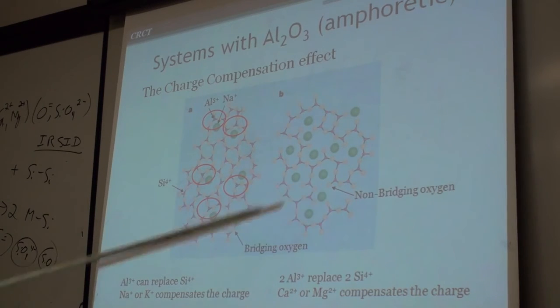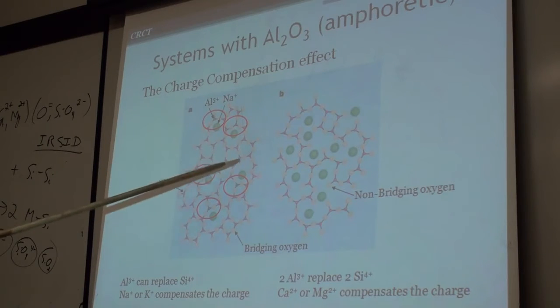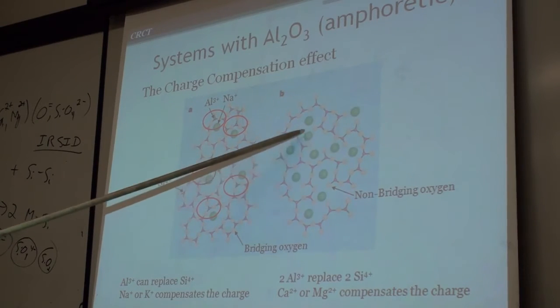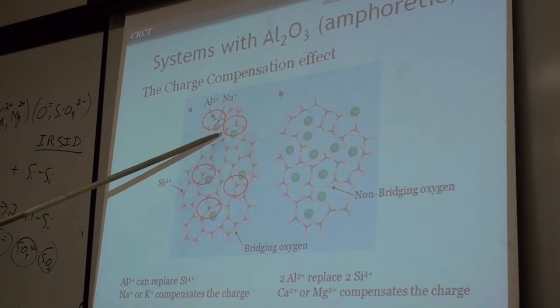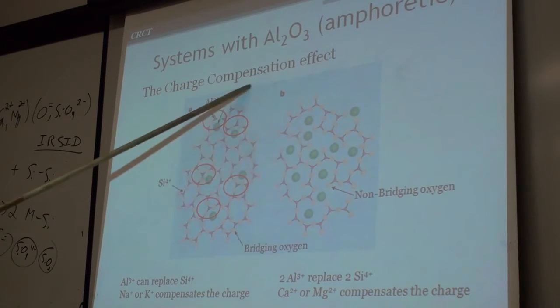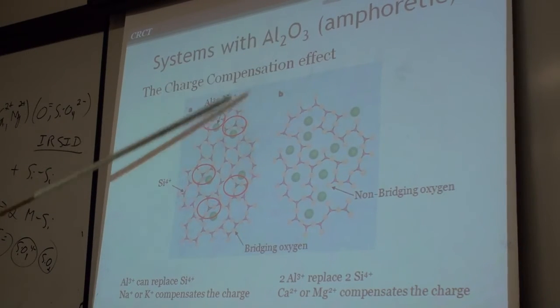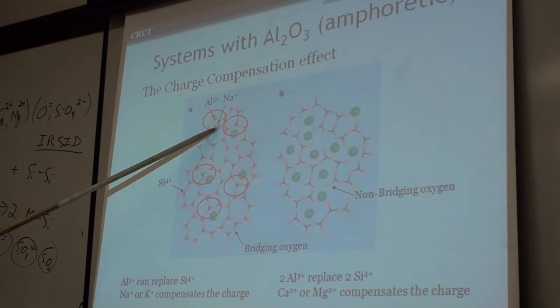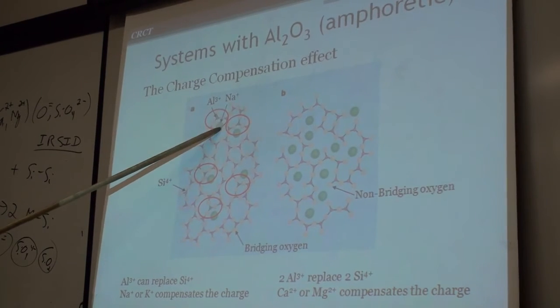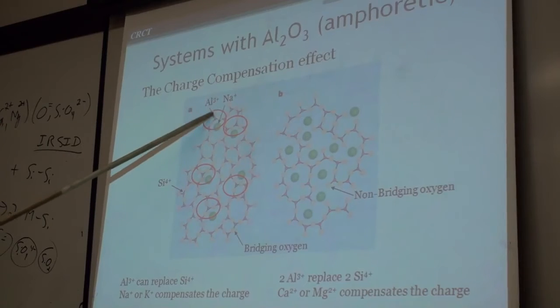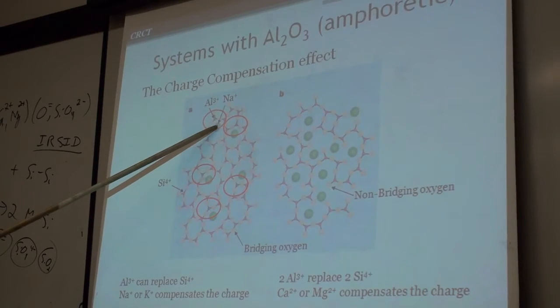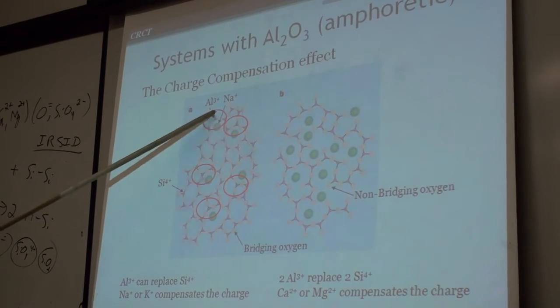Similarly, you could add calcium oxide to break the bridges and compensate, but now you've got a problem with the calcium, which instead of sodium is 2+ charged. If you just add calcium and aluminum oxide, you would get overcompensated. You really have to have a calcium 2+ with 2 aluminums.